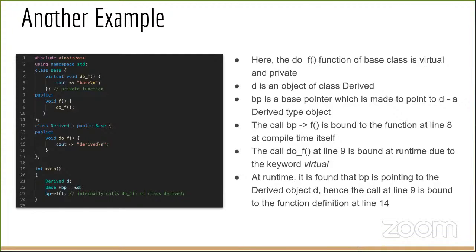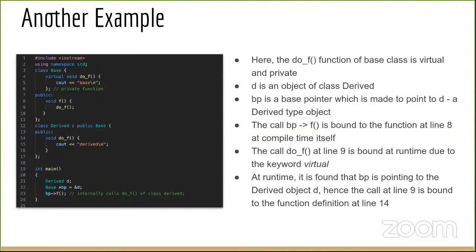Now, if a third class, an object which is not derived, or you call from within main, and you call the base object's doF, what will happen? It will not take the doF of derived, it will take the doF of base. Am I making sense?